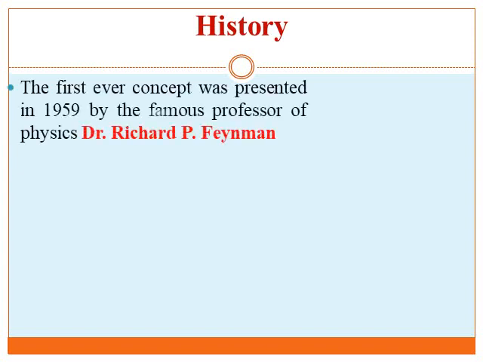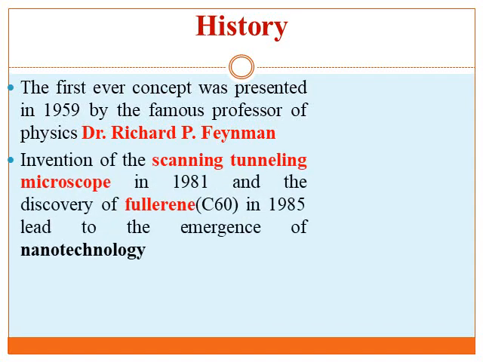Now, looking into the history of the origin of nanomaterials, the first concept was presented in 1959 by the famous physics professor Dr. Richard P. Feynman. The invention of the scanning tunneling microscope in 1981, and the discovery of fullerene, especially the carbon 60 fullerene molecule, a carbon molecule with 60 carbons, in 1985 led to the emergence of nanotechnology.